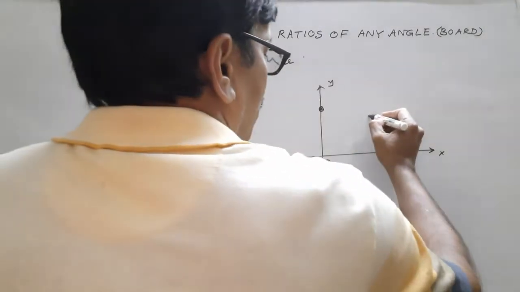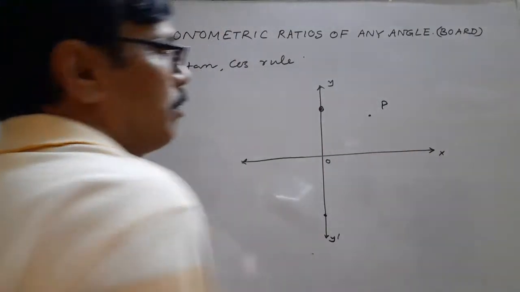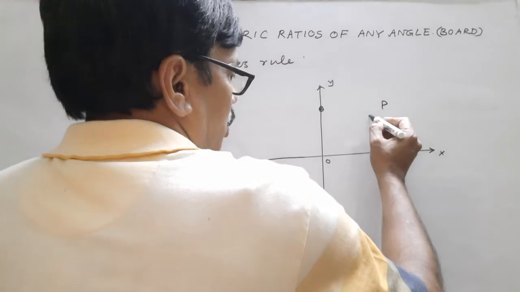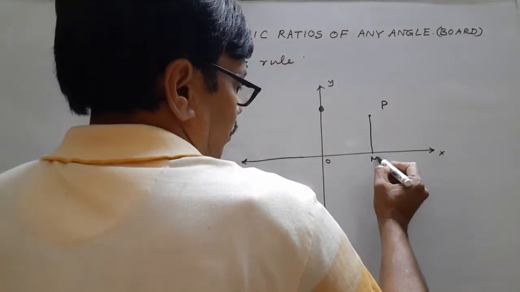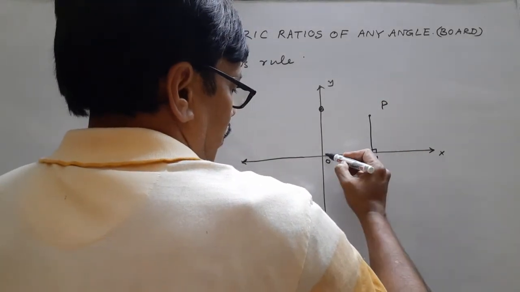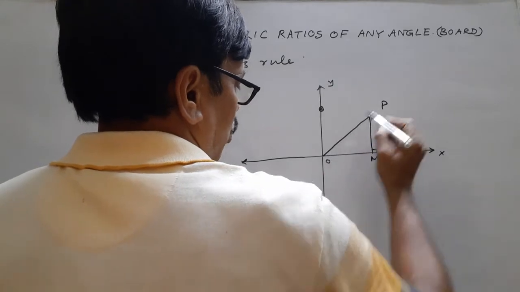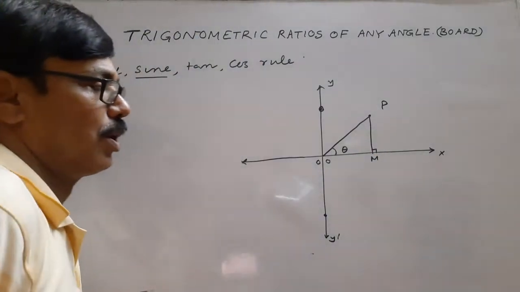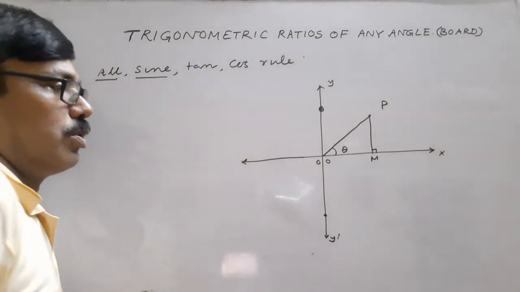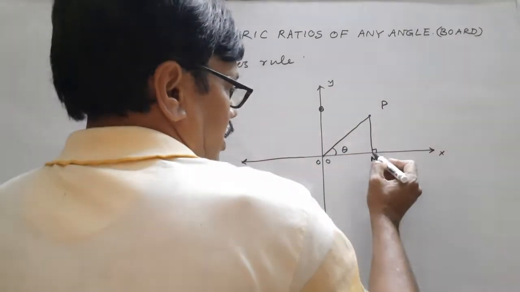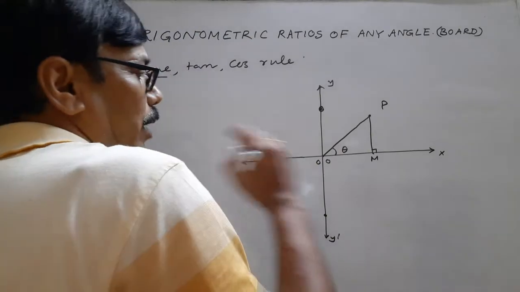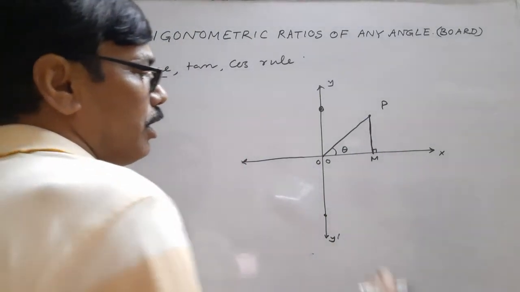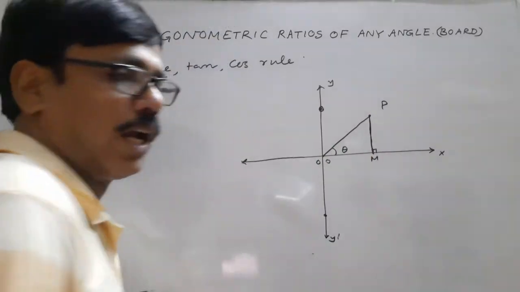Look, suppose there is a point P in the first quadrant. So this is PM, perpendicular. This is OP. So this angle is theta. So look, OM is positive. This one is positive. And it is neither vertical nor horizontal.